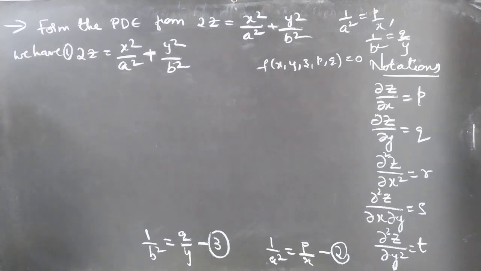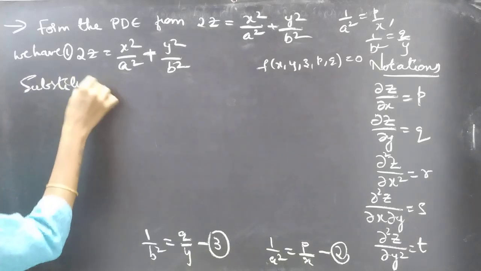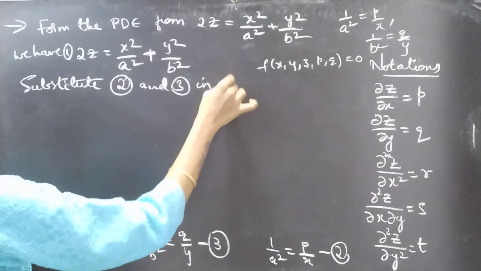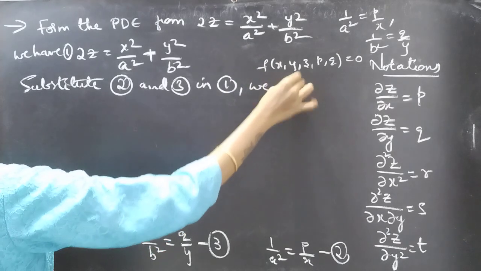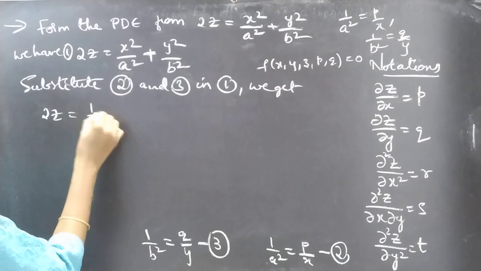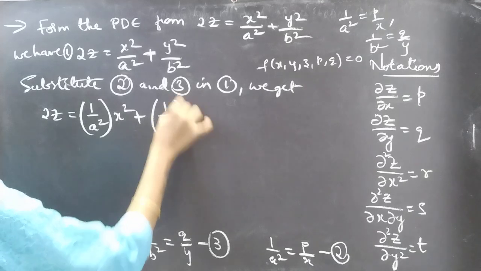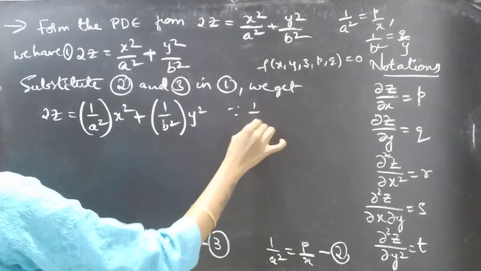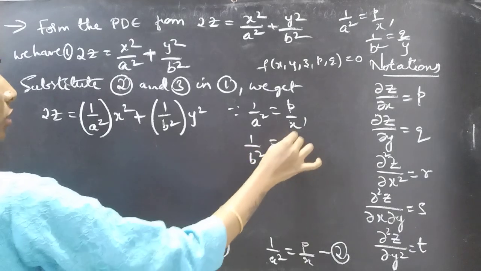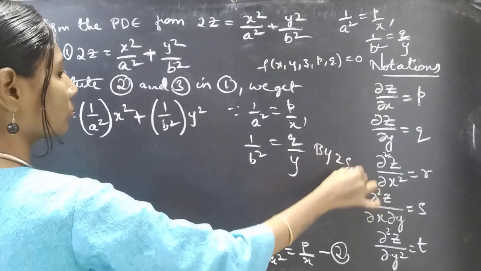We have 1: 2z equal to x²/a² plus y²/b². Now substitute 2 and 3 in 1, we get 2z equal to, we'll just write this as 1/a² into x² plus 1/b² into y² for our convenience, since 1/a² equals p/x and 1/b² equals q/y by 2 and 3.